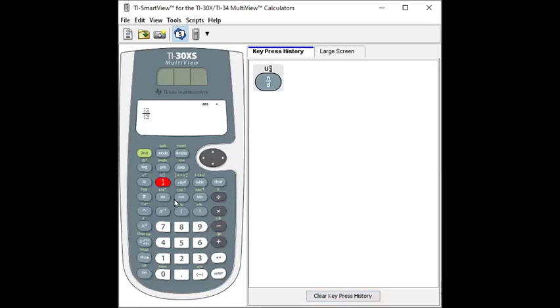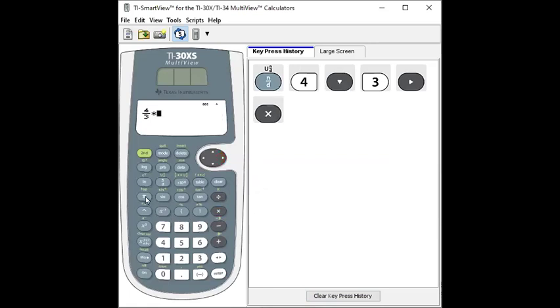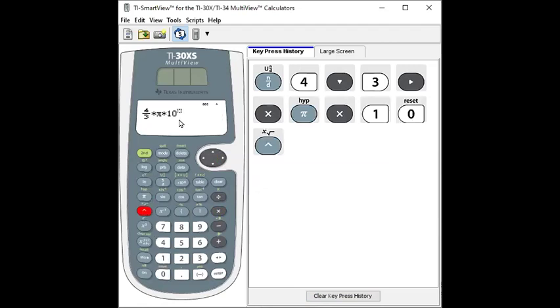N over d, 4 down, 3 to the right, times pi times r cubed. 10, up arrow. Let's get up here on the exponent and put the 3 in. That's our r cubed.